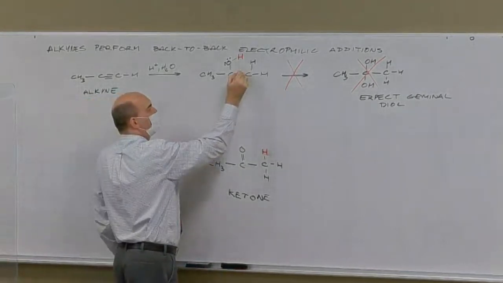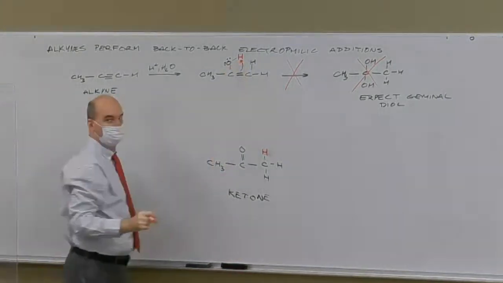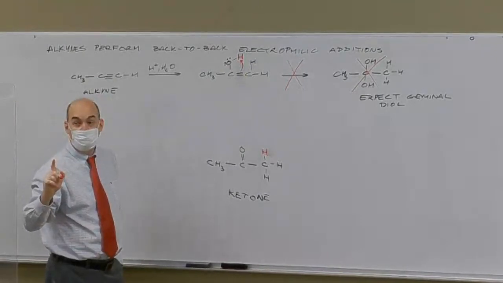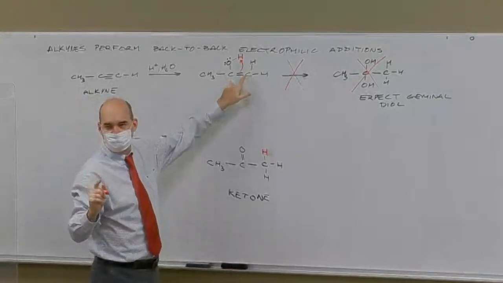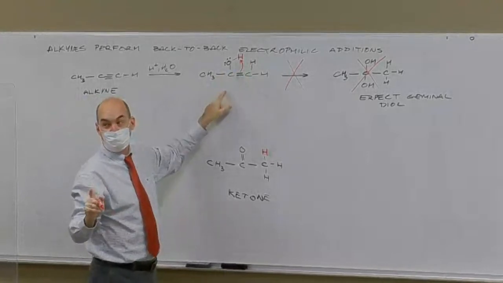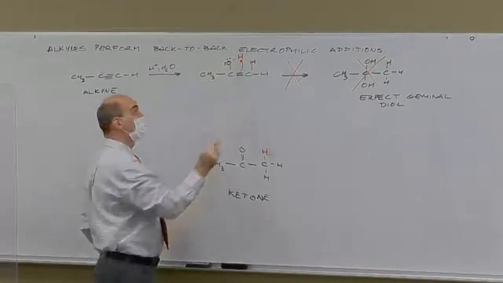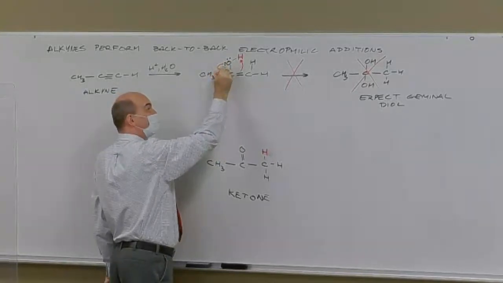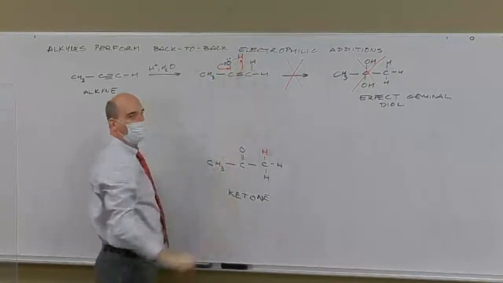The pi bond is going to reach out and grab hold of it. Now, because you're breaking that carbon-carbon bond, the question becomes, well, which one of these 2 carbons gets to have the hydrogen? But we're going to force that question never to be asked, because the lone pair of electrons on this oxygen is the thing that's going to make this pi bond have to break.